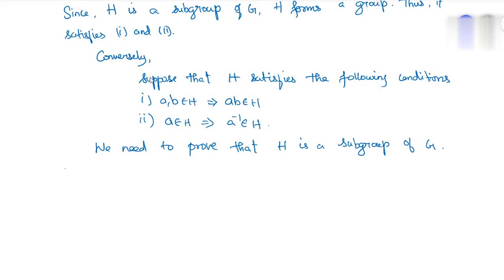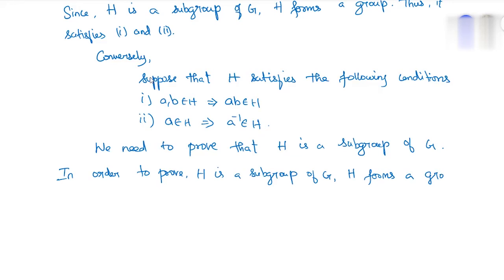In order to prove H is a subgroup of G, we need to prove that H forms a group under the same operation of G. That is, H should form a group.